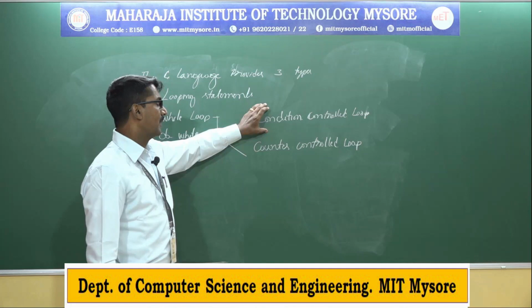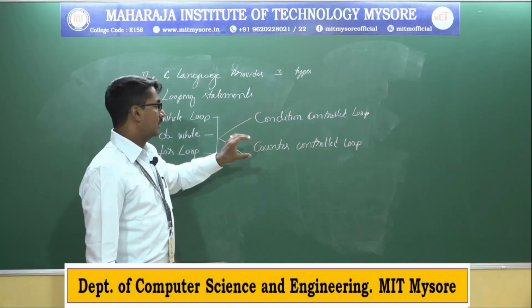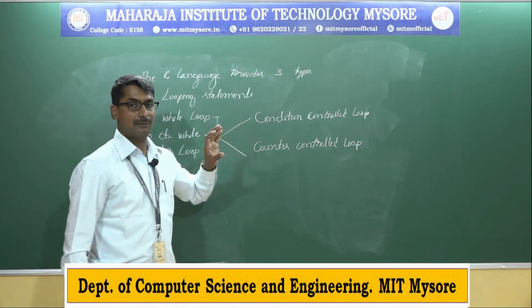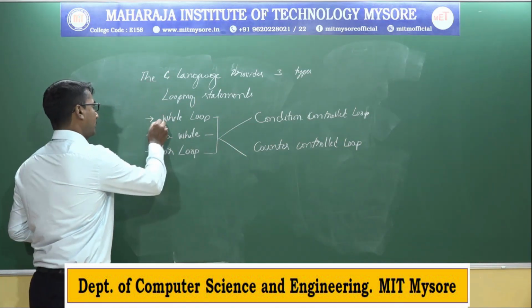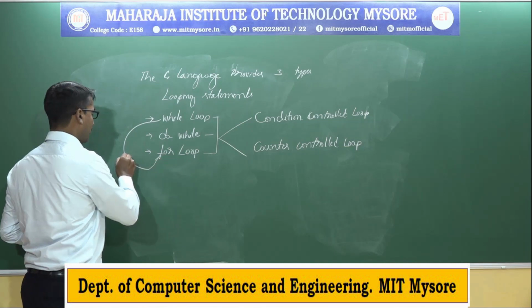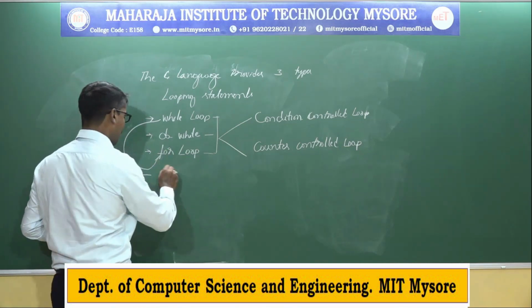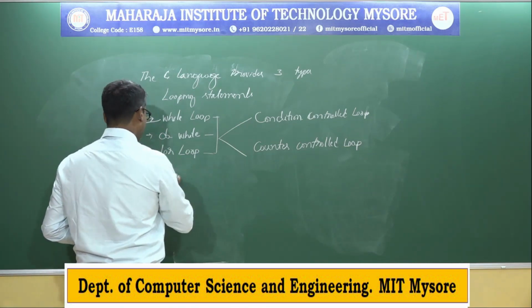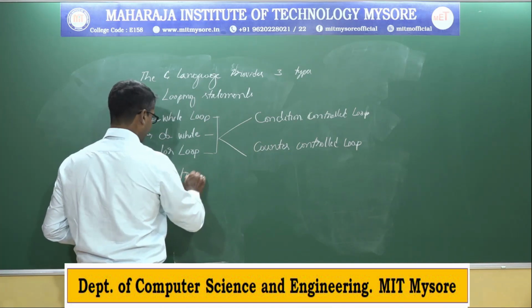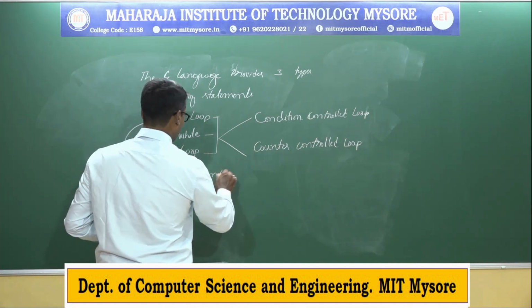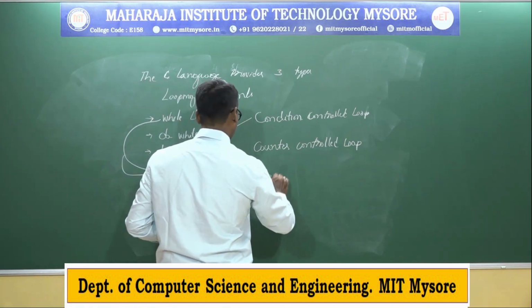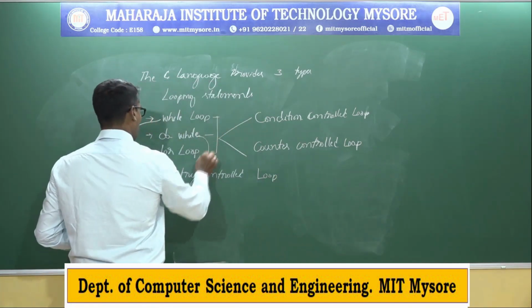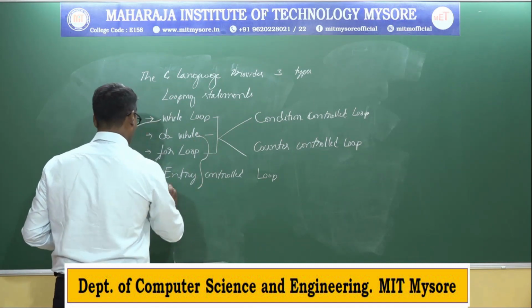In the condition control loop, the number of iterations is unknown, but in counter control loop, the number of loop iterations is known. Okay, the while loop and for loop are entry control loops, and do while is an exit control loop.